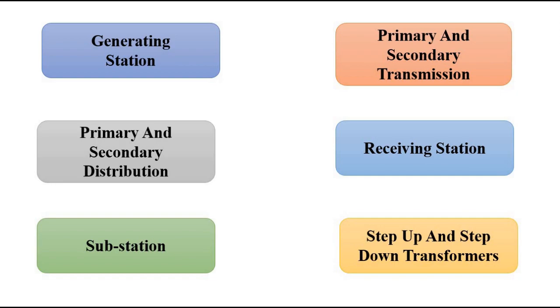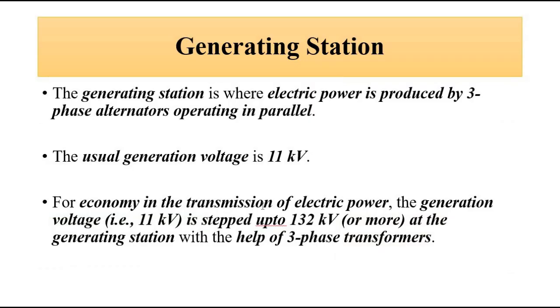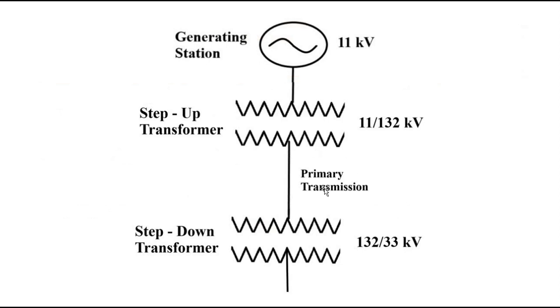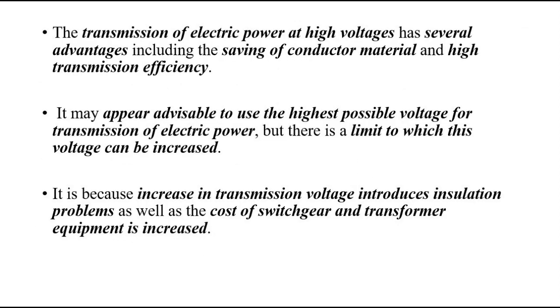Now you will ask why it is transmitted at high voltage. This has its own advantages, and I will make a separate video on why high transmission voltage is used and what its advantages are. For now you understand that with the help of three-phase step-up transformers, this voltage is stepped up to 132 kilovolt and then transmitted, and this forms the primary transmission.